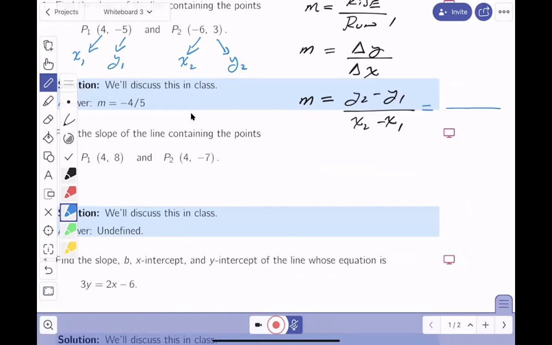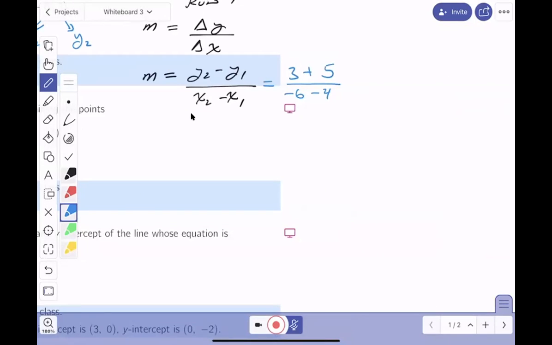What would that be? Well, y2 is 3 minus y1. Well, y1 is minus 5, so minus minus 5 is plus 5. x2 is minus 6, and then it's going to be minus x1, which is 4. I'm just going to do the arithmetic now. What do you get? 3 plus 5 is 8. Minus 6 minus 4 is minus 10.